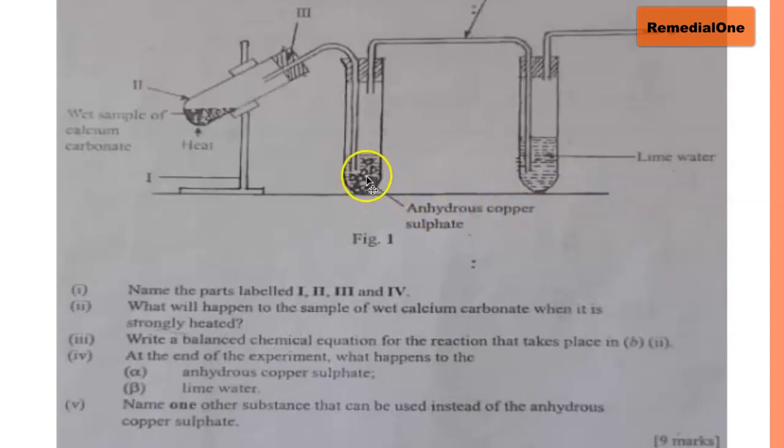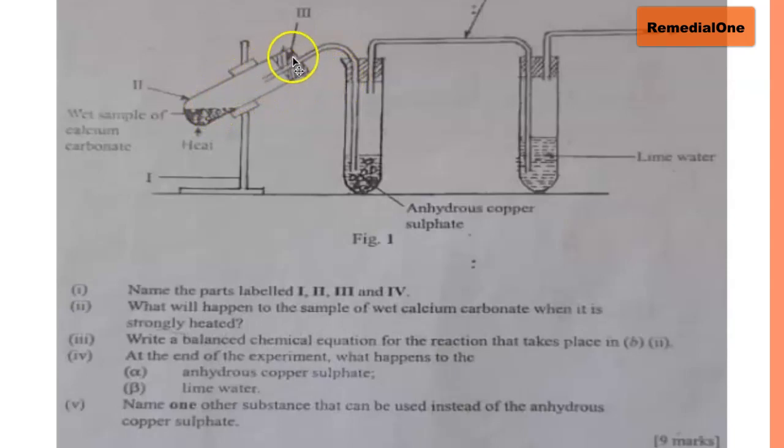But the moment water is added to it, it becomes hydrated. And the hydrated copper sulfate is blue in color. So it means that this anhydrous copper sulfate here will change color from white to blue when the wet sample of calcium carbonate is heated, because in the first place, it will lose water.